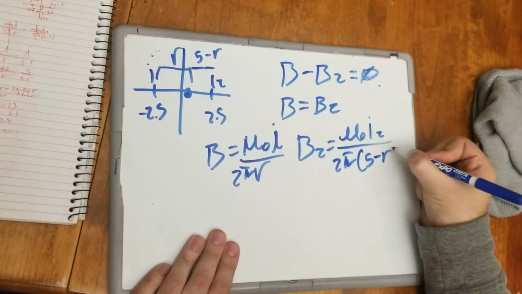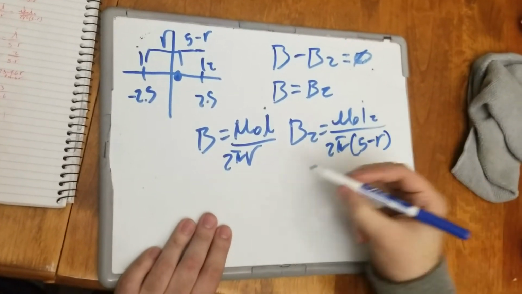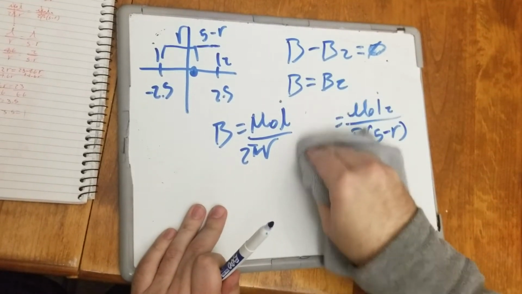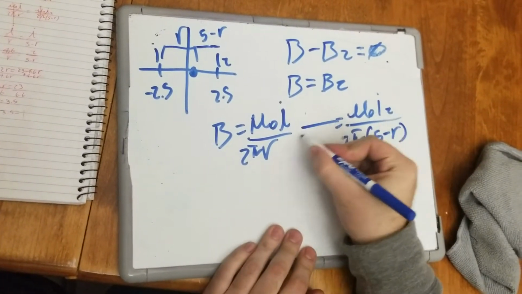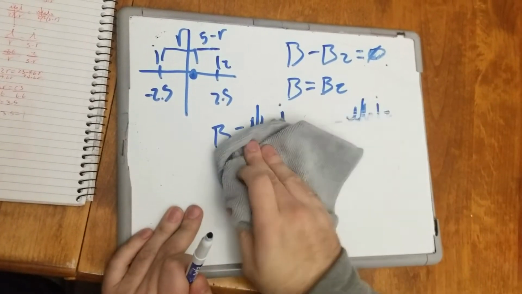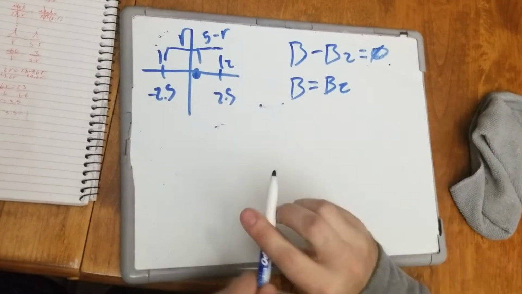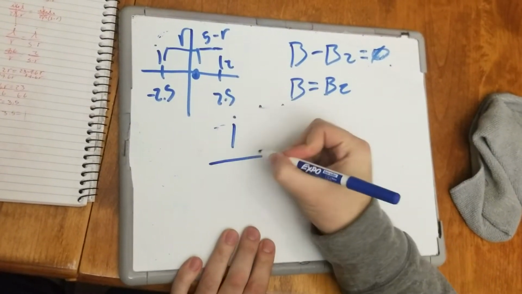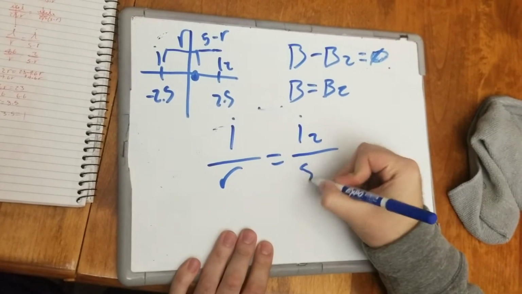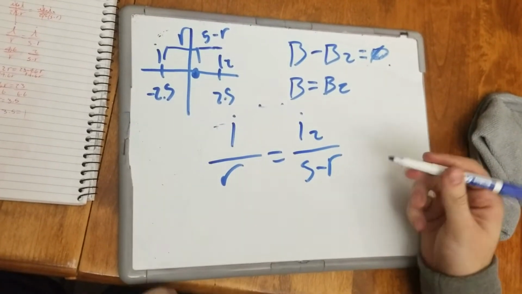We set them equal to each other, and then we can cancel out the mu's and the 2 pi's. So we're left with I over R equals I2 over 5 minus R.